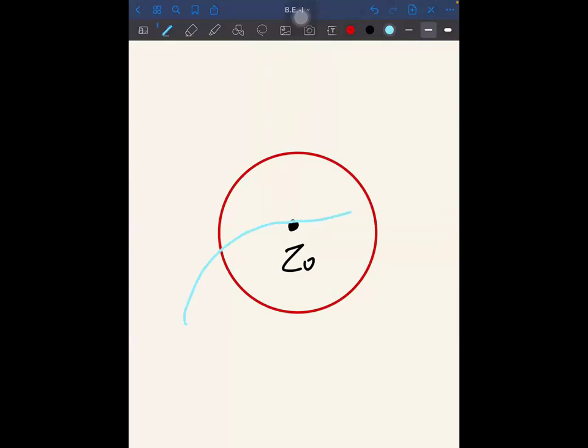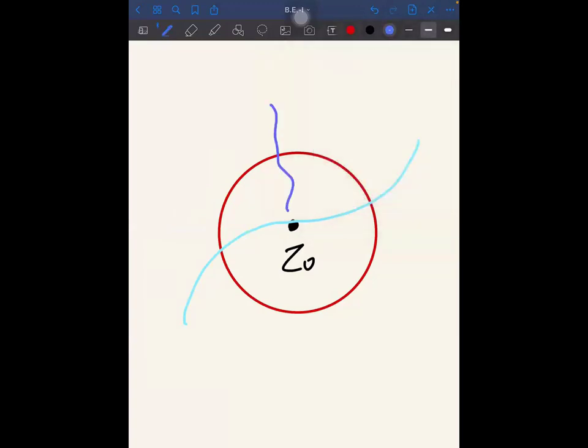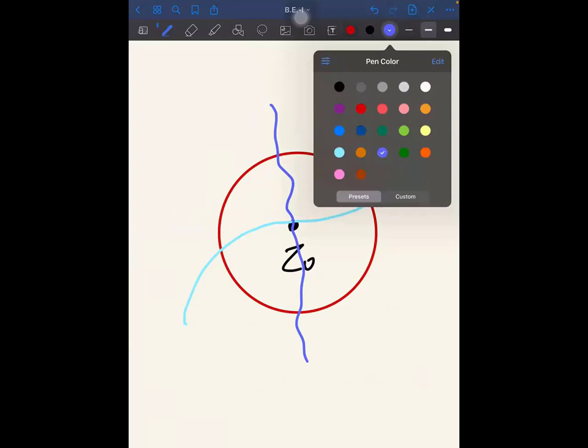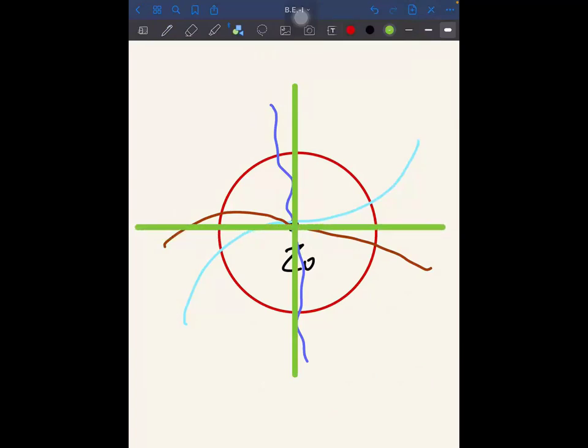It may be this path, or this path, or some other path. It should give you a unique answer, right? But I have chosen two special paths, and these paths were what? Horizontal and vertical.